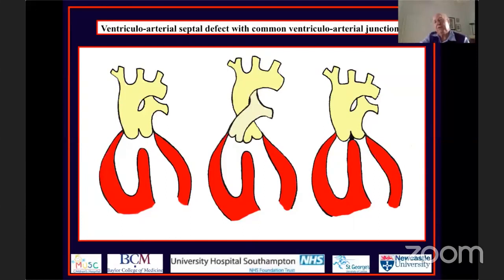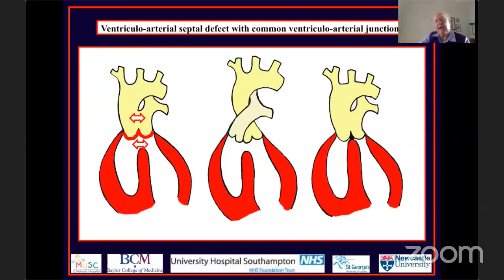And let me show you three arrangements in which we have a common ventriculo-arterial junction. And let's look what determines the shunting through the septal defect. To your left hand, you are seeing the situation which we usually find. And this is common arterial trunk with a common truncal valve. And then we have shunting at ventricular level. Almost all of you will be calling this the ventricular septal defect.